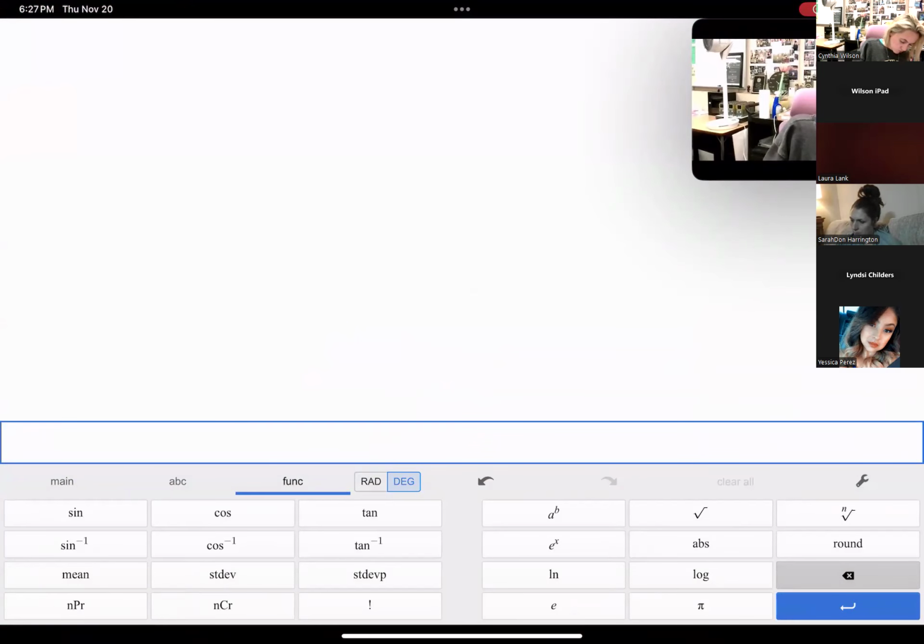So I have discovered that you can do this in Desmos graphing. Let me show you. Let me stop this share. Okay, so I'm going to share this screen.